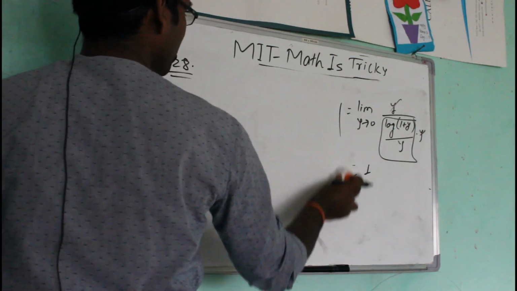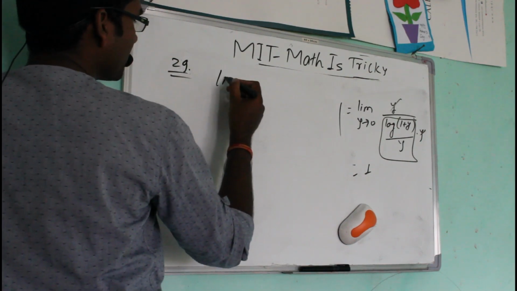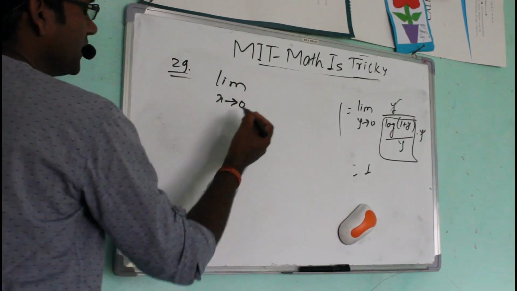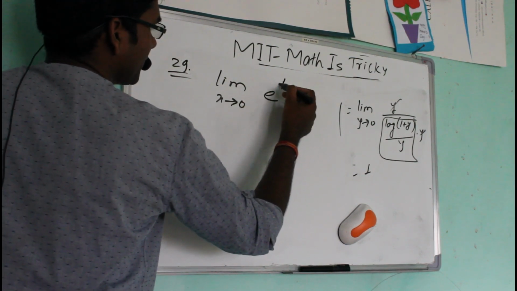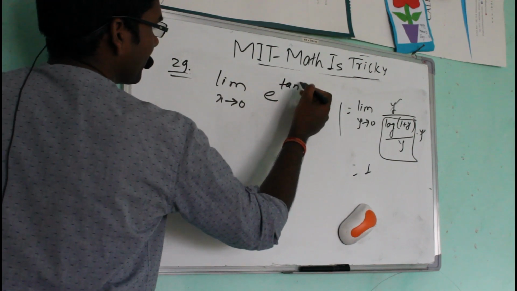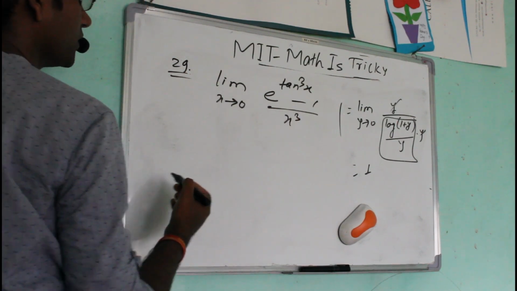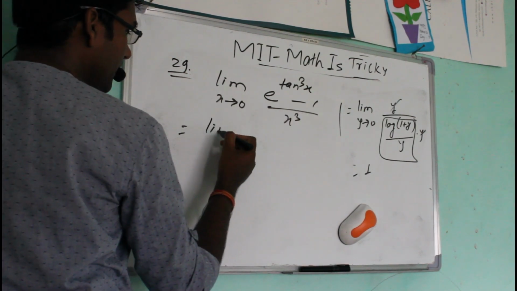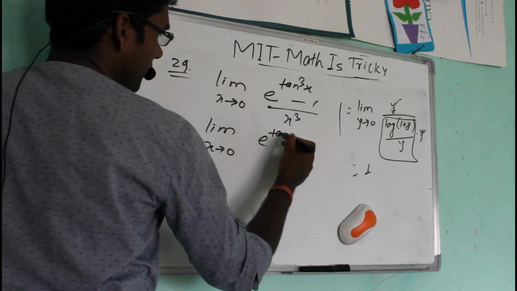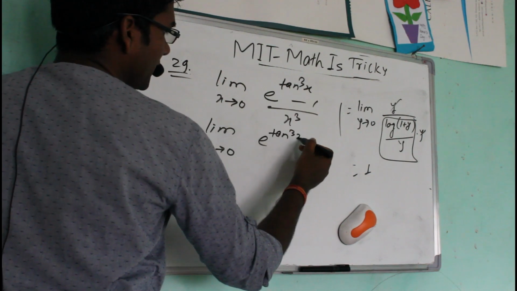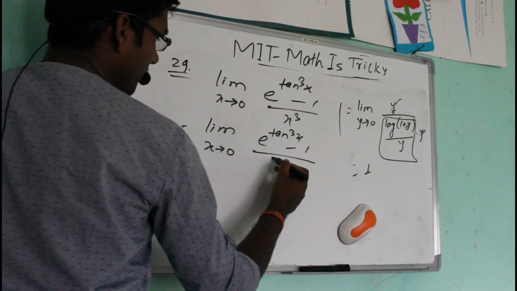So another problem I'm taking for you, number 29: limit x tends to 0, (e power 10 cube x minus 1) by x cube. So don't worry, this can also be solved in a very easy way, in a very short time. So it will be again e power 10 cube x minus 1. Just put whatever is the power of e in the denominator.